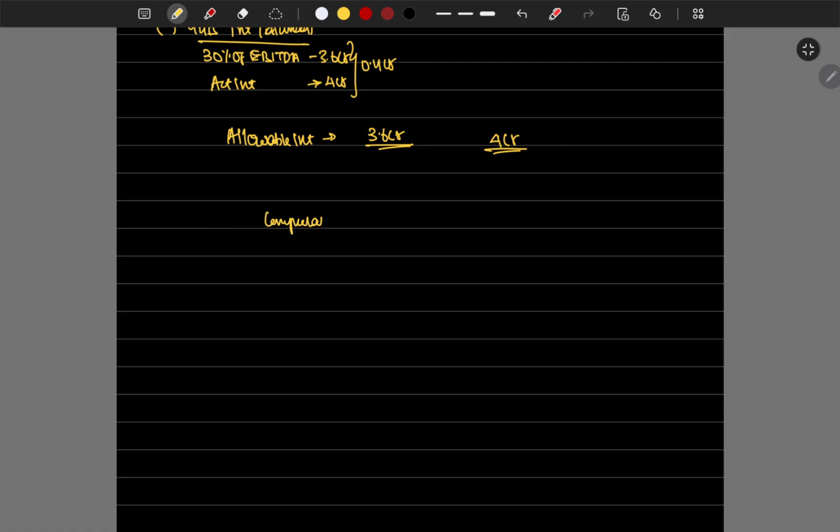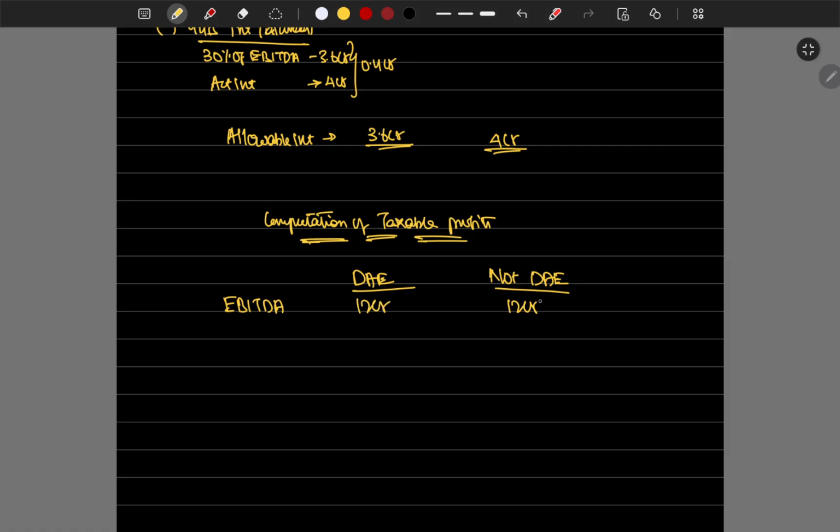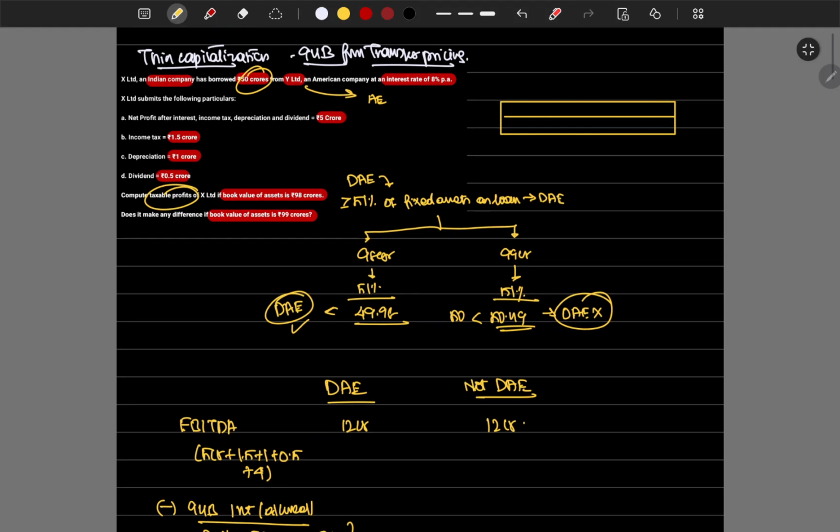Computation of taxable profit: DAE, not DAE. EBITDA is 12 crore, 12 crore. But in the question they have deducted dividend also. Dividend is non-deductible. And they have deducted income tax also.